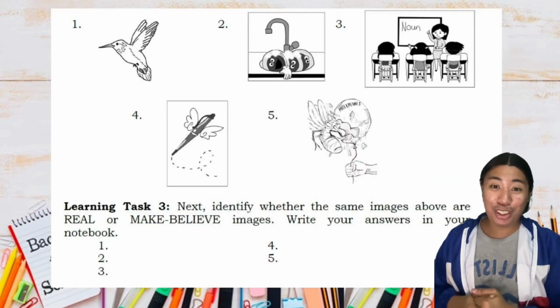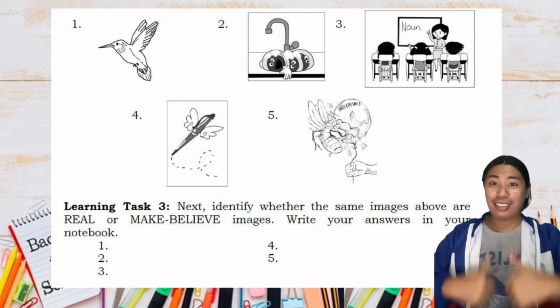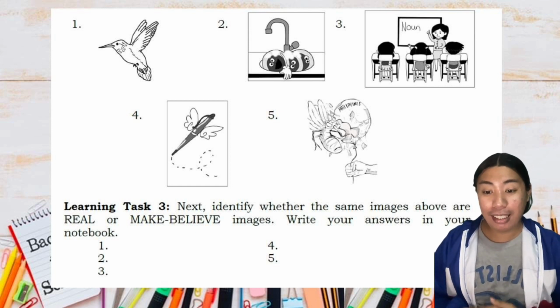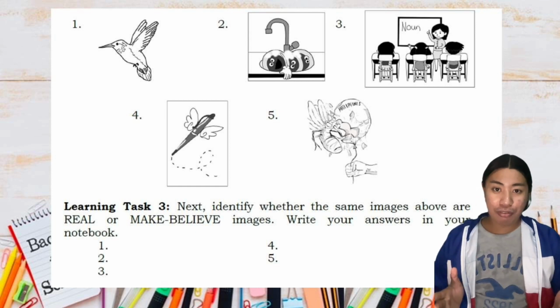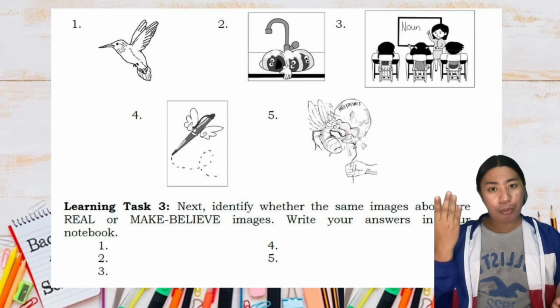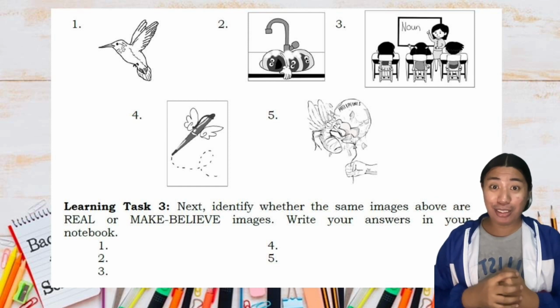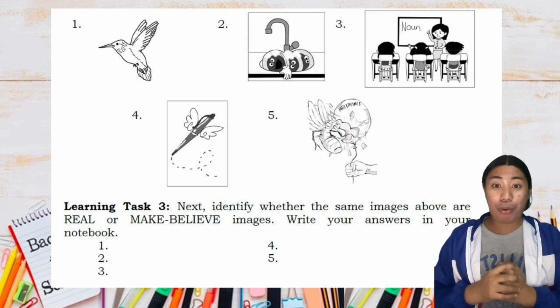Same with the pictures na nakikita natin sa learning task number 2, yun ang gagamitin natin for learning task number 3. But this time, you need to identify kung ang image number 1 ay real or make-believe hanggang image number 5. So simply, you write real or make-believe.